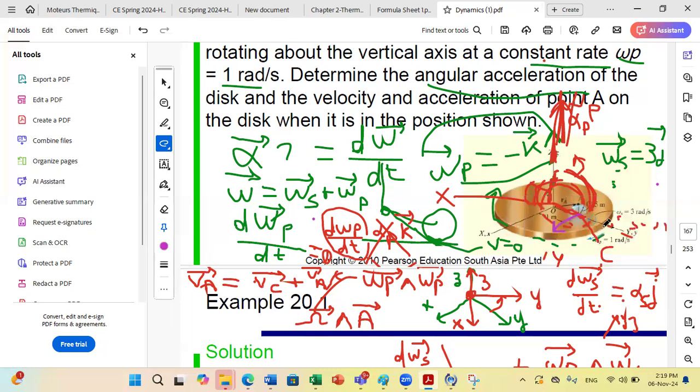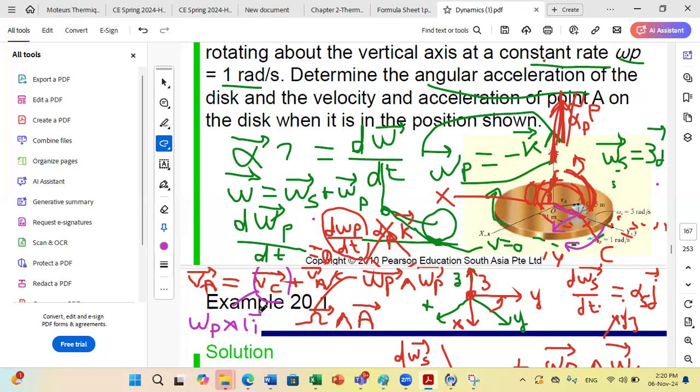Okay, this is omega. So V should be in positive i. The velocity of the center can be written as omega P times the radius of rotation, which is the distance of 1 meter, so times 1 along i.